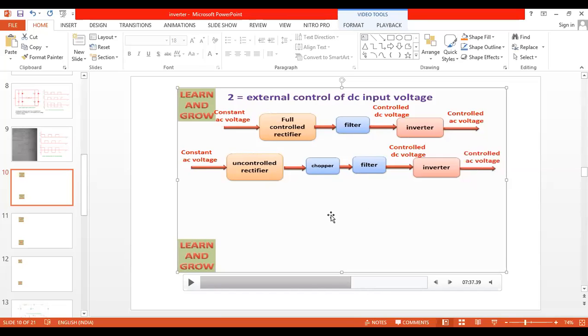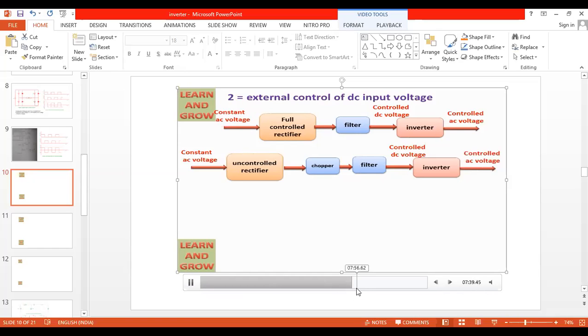What is the disadvantage? In all central government jobs, they ask you this question in interviews. What is a disadvantage of pulse width modulation? Whenever SCRs turn on and turn off, they generate harmonics. So these harmonics are associated with the pulse width modulation technique. That's why nowadays the latest one is resonant inverters.